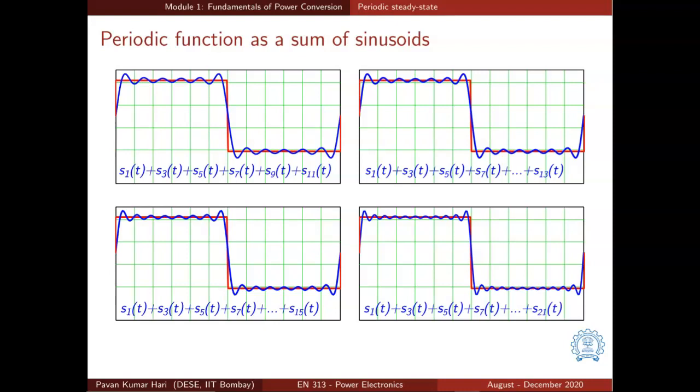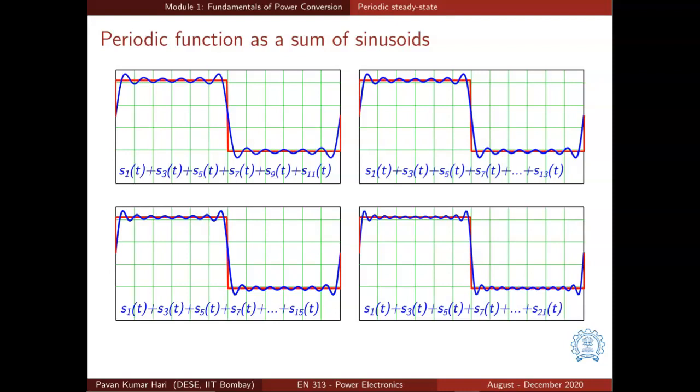The AC voltages and currents should ideally be sinusoidal, but in power electronic circuits, the AC voltages and currents are not necessarily sinusoidal. So, if we can represent the non-sinusoidal voltage or current waveform as the sum of sinusoids, we can clearly distinguish the desirable and undesirable components of the AC waveform and quantify the closeness of the AC waveform to its ideal counterpart. Given a periodic function, how do we split it up into different sinusoidal constituents?